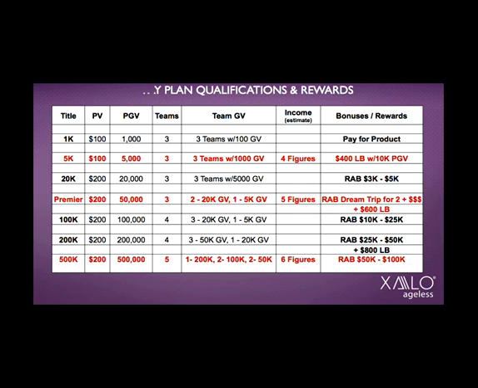In addition to that residual monthly income, your lifestyle bonus goes up to $600 a month to pay for that dream. Maybe your dream's got a little bigger at this point. Payment's a little bigger. You also get a rank advancement bonus of a dream trip for 2. And if you do that within 1 year, they're going to give you a big envelope full of cash to spend on that trip. Very exciting.